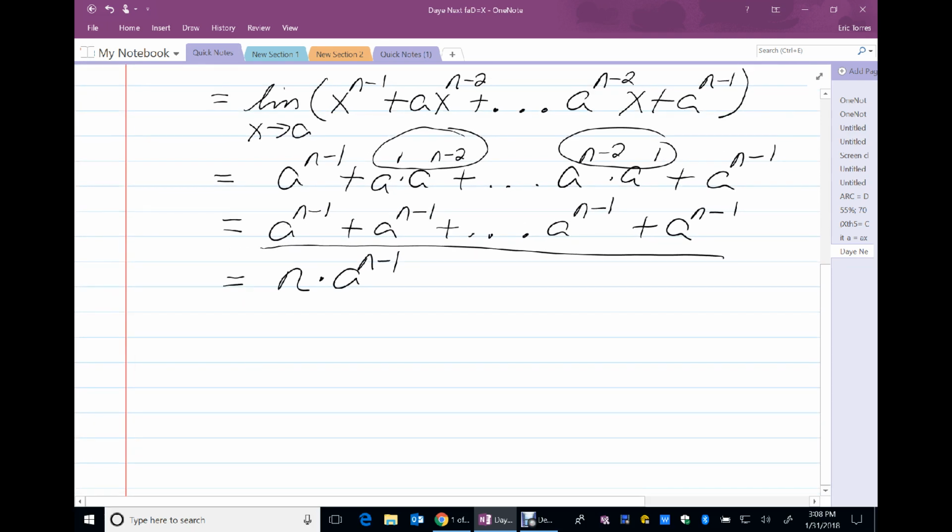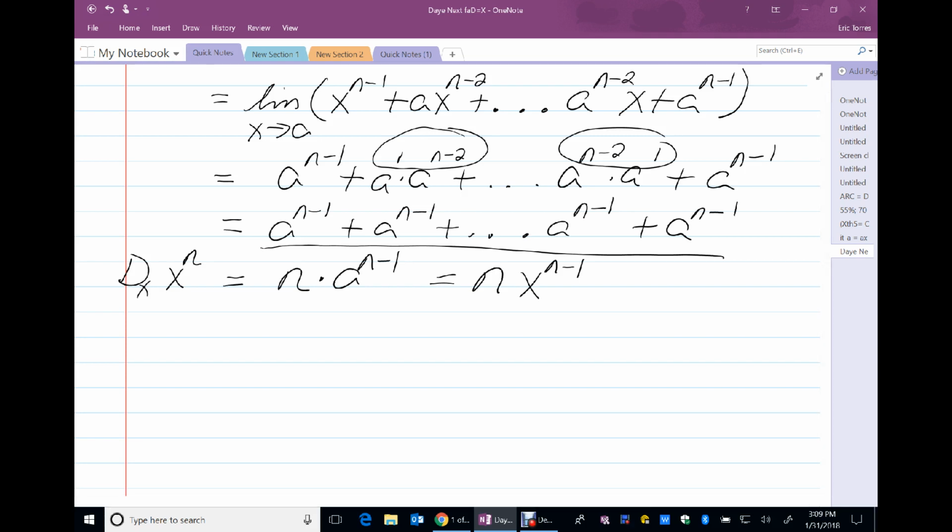So again, my derivative of x to the n gives me this pattern here, which can be summarized when x is a. So that is the proof of the power rule when my exponent is an integer.